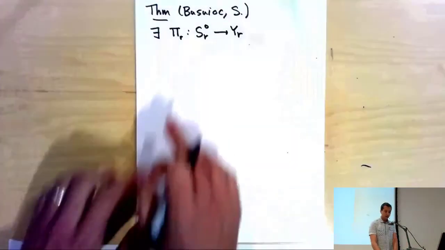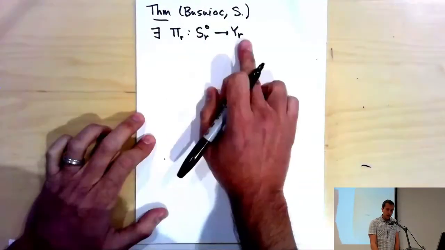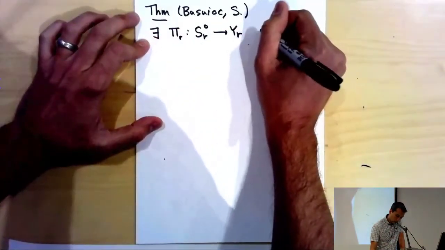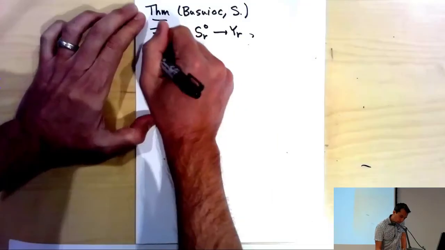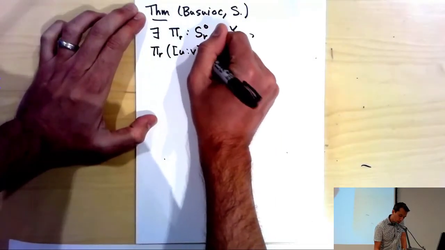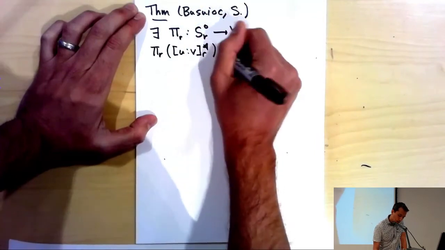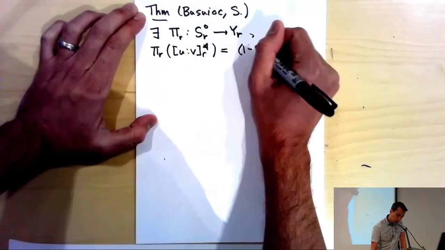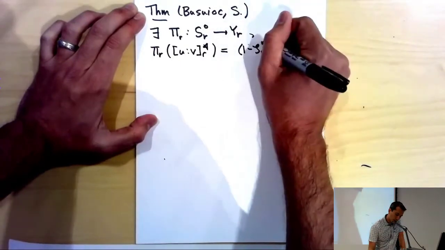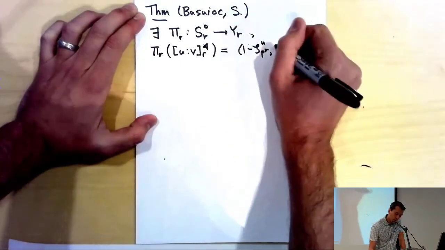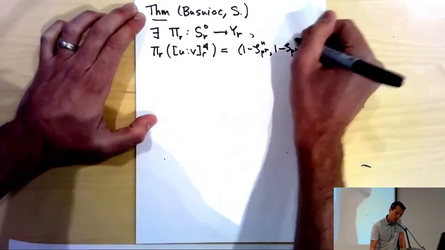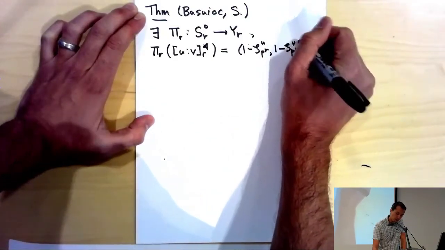And pi r of the Manin symbol UVR star is just the cup product of 1 minus zeta p to the r to the uth power, 1 minus the p to the rth root of unity to the uth power, and 1 minus a p to the rth root of unity to the vth power.